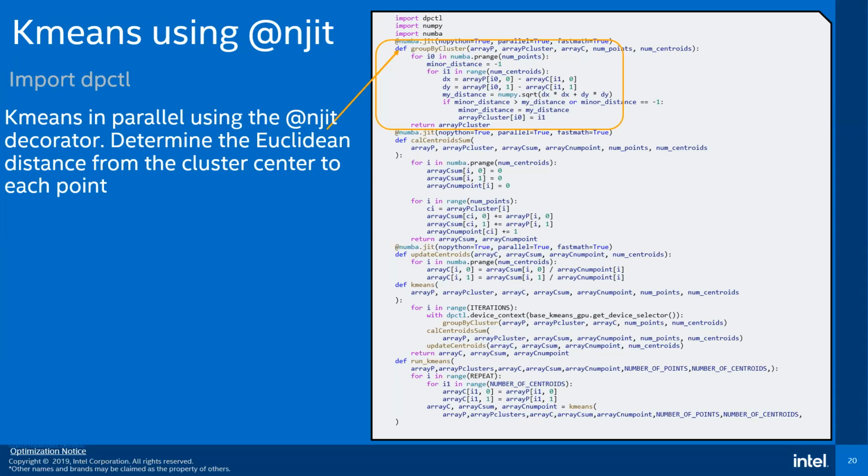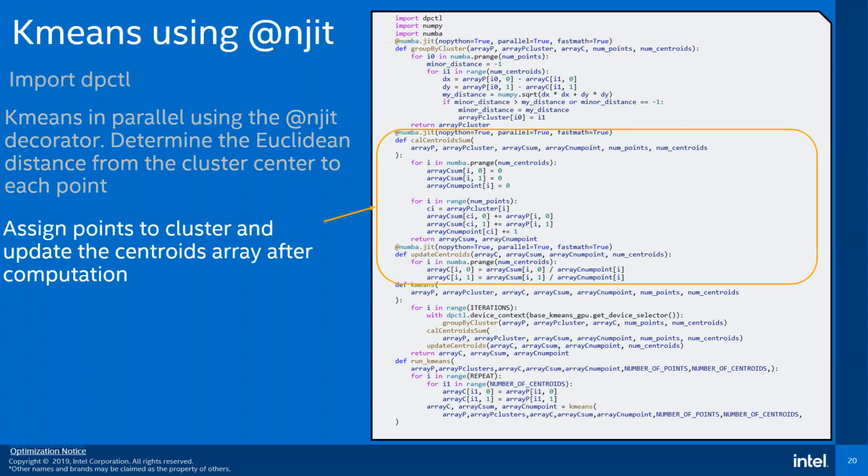So we are calling the njit, and it determines, in this particular function here, the Euclidean distance from the cluster center to each point, right? And again, we are calling another njit here. And in this function, we are assigning the points to clusters, and we update the centroids after each and every computation. So finally, after no more adjustments can be made, we get the cluster centers and the points.